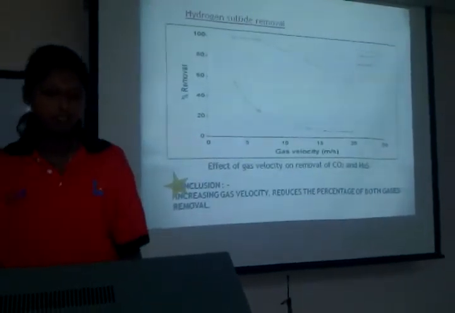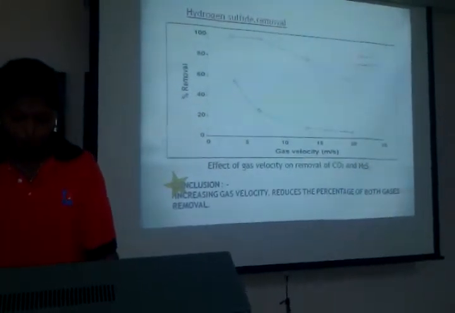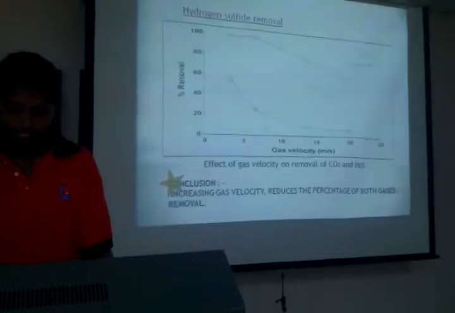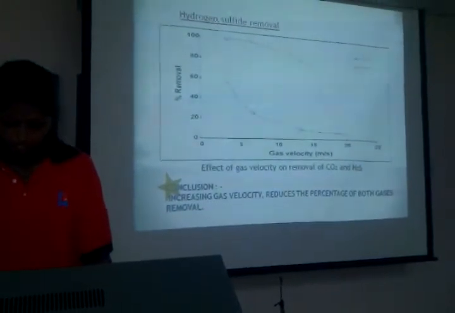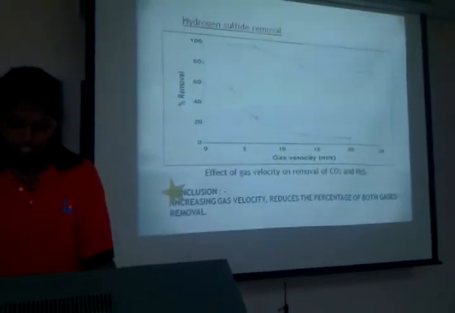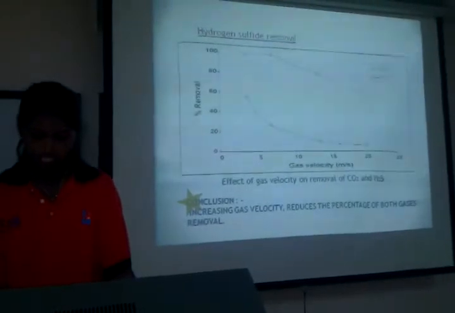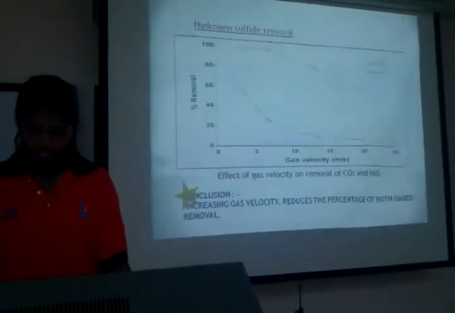For the hydrogen sulfide removal, for both gas velocity and absorbent velocity, when the gas velocity increases, a reduction occurs in the percentage of acid gas removal. It happens due to the reduction of residence time in the module, which in turn reduces the removal rate.